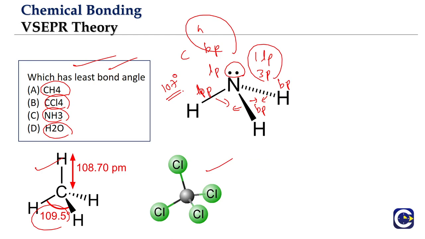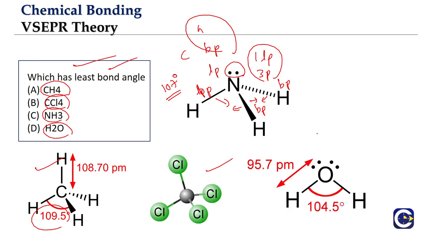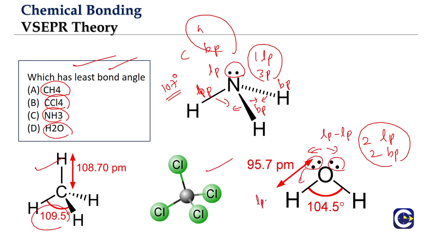When it comes to water, here oxygen will have 2 lone pairs and 2 bond pairs. Again, the arrangement is tetrahedral, but here we will have 2 of the corners taken by lone pairs. Here we will be having lone pair repulsions and lone pair bond pair repulsions. So as a result, the bond pairs will come even closer than in the case of ammonia.